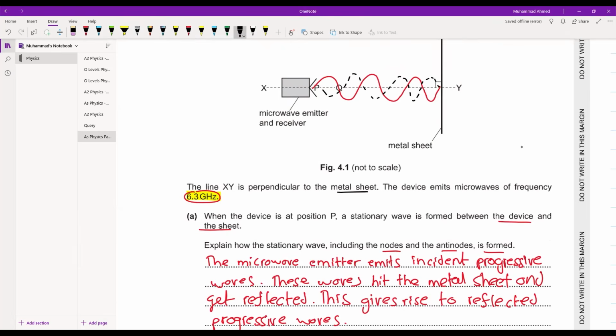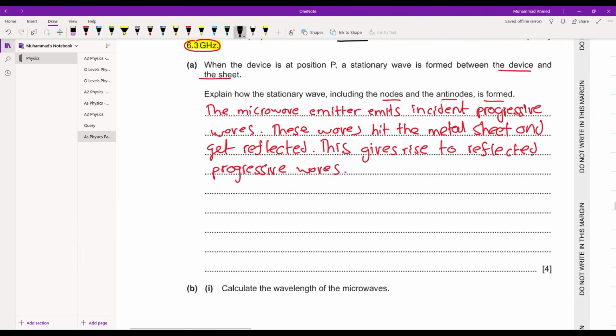Simple, the dotted one. Third point, you will say the superposition of incident and reflected progressive waves gives rise to stationary waves.